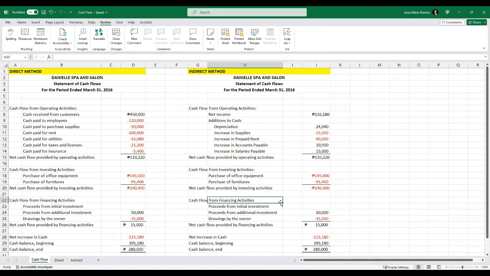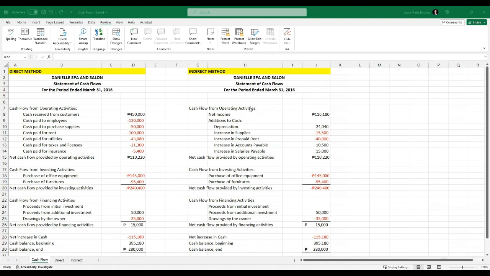Cash flow from financing activities, these are activities related to non-current liabilities and owner's equity. Okay? For example, nag-loan si company og cash to finance the business, or nag-invest si owner og cash to finance the business.